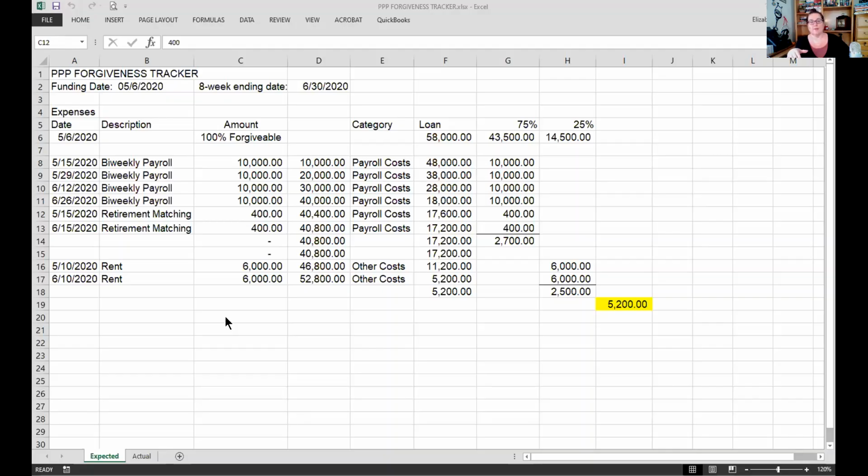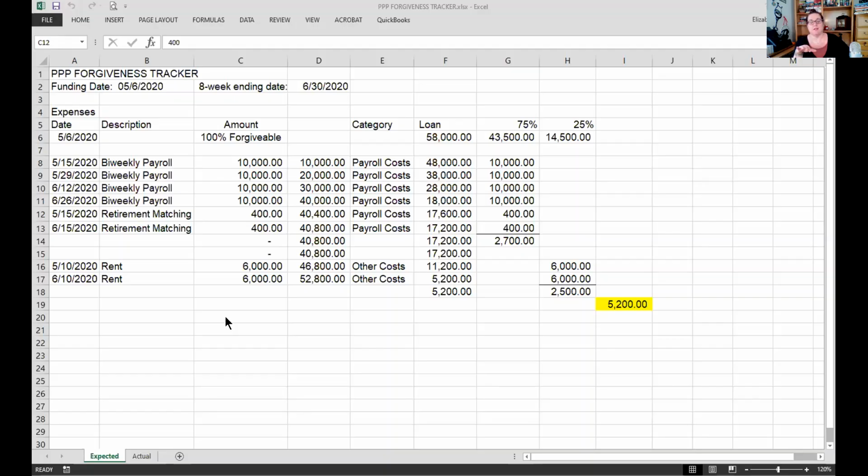So that's it, you're capped. So if you had a big year last year, it's still capped at 100,000. So if you had a profit of 120,000, they're going to take $100,000 and divide it by 52 and multiply it by 8 for 8 weeks. And you will end up with $15,385 as the amount that can be part of this forgiveness calculation.